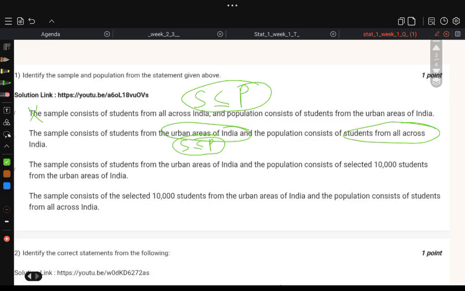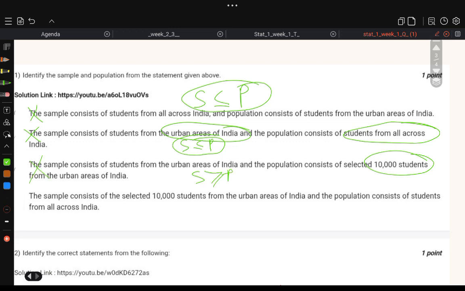The sample should be of urban and rural both, but it is of urban only, so it is a biased sample, and also a wrong statement for an ideal sample. The next option says the sample consists of students of urban areas and the population consists of a selected 10,000 only. See, here also the sample is greater than the population, so it is a wrong statement.